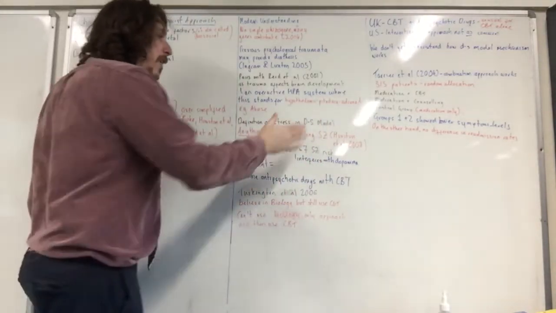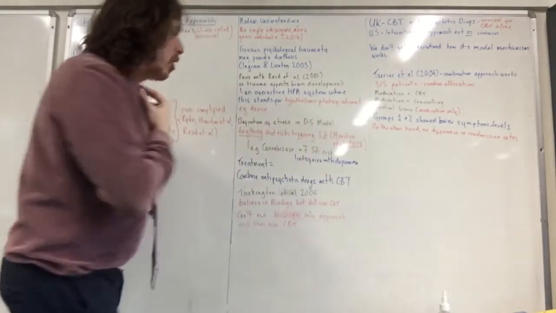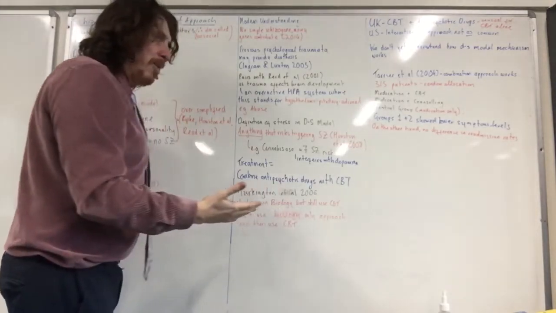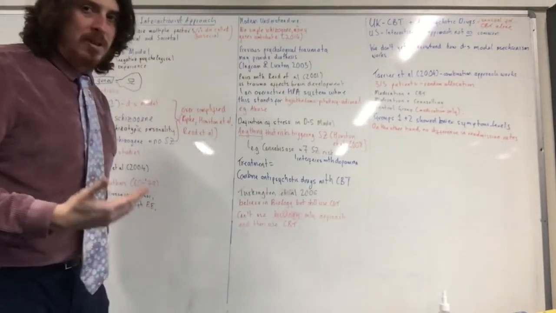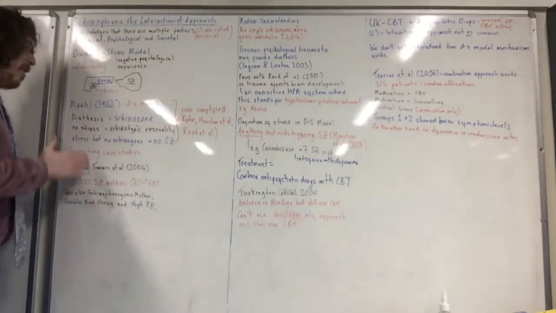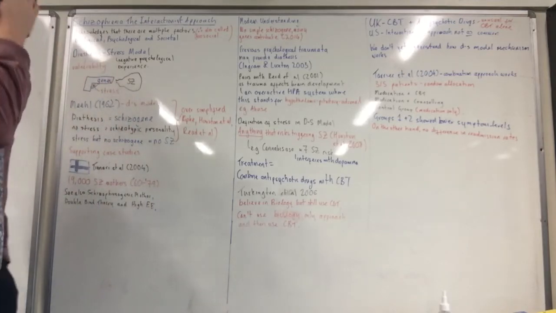So during brain development, this hypothalamic pituitary adrenal system could be overactive. Children who've experienced abuse, adults that have experienced abuse, their brain will be affected in this way. And therefore, rather than that being the stress, that contributes towards the diathesis.